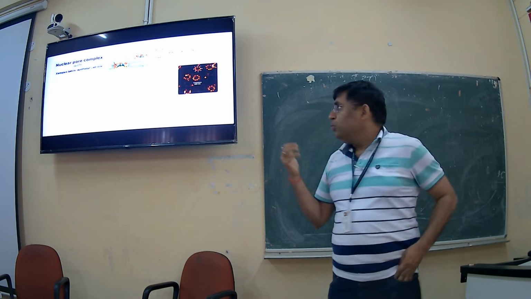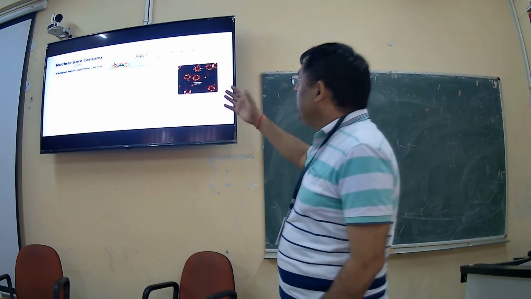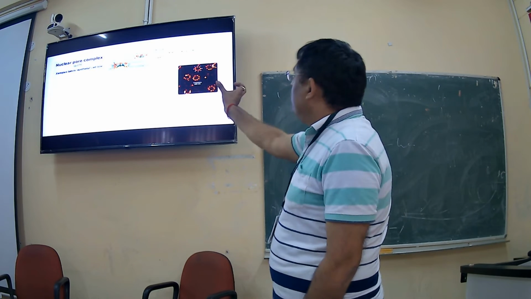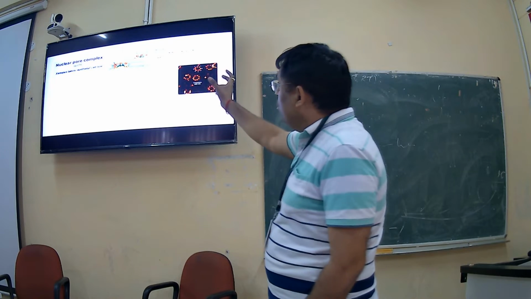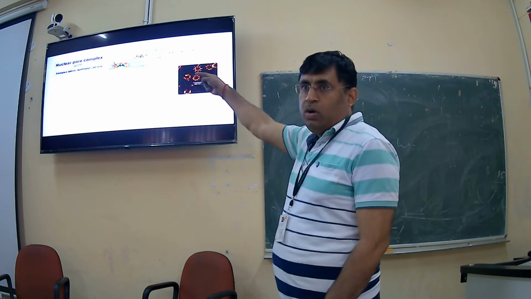So here is one of the images taken through super resolution microscopy. You can see this is a picture of a plasma membrane, and then there's a nucleus, where you can see the nuclear pore.